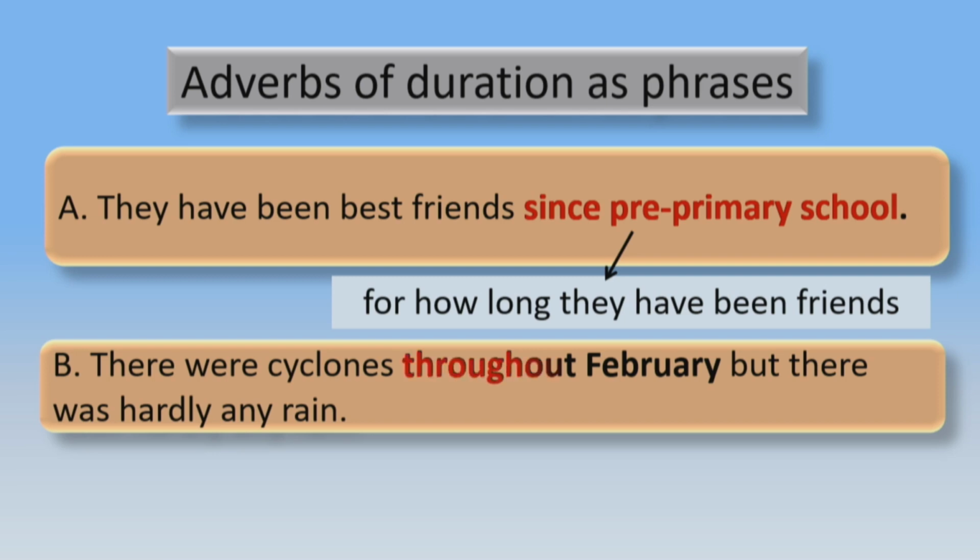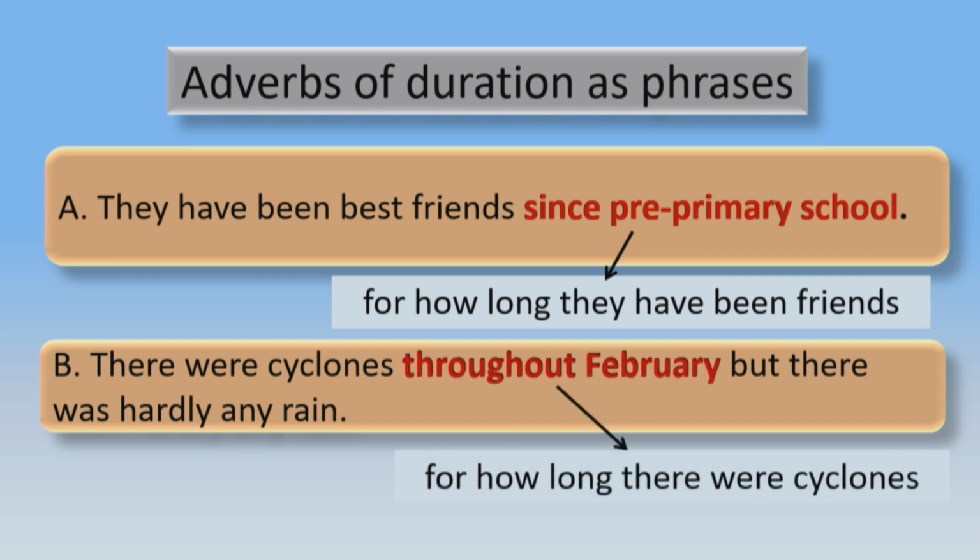Throughout February indicates for how long there were cyclones. Throughout February is therefore an adverb of duration. Note that in sentence A, the adverb of duration is found at the end of the sentence, whereas in sentence B, the adverb is written in the middle of the sentence.